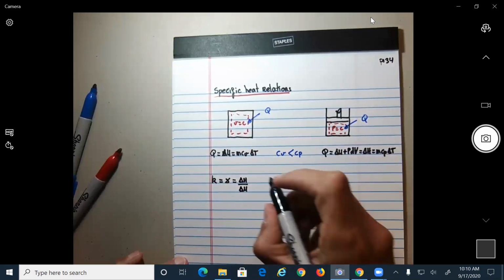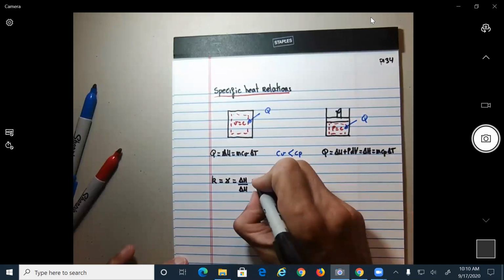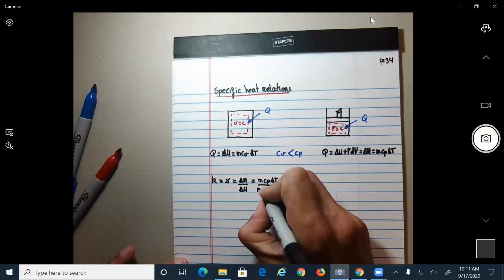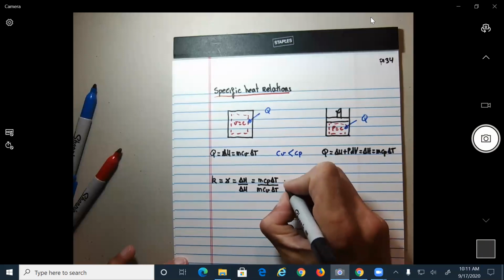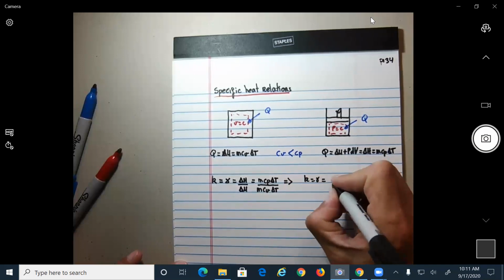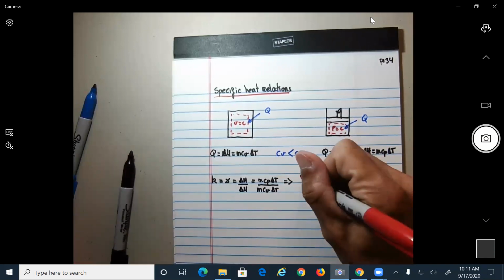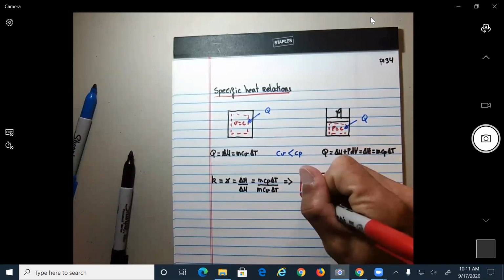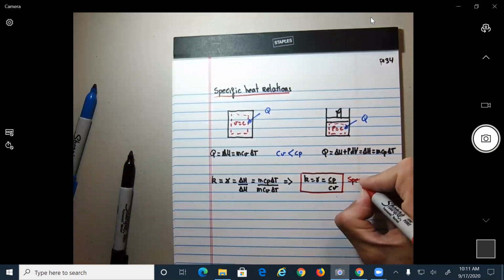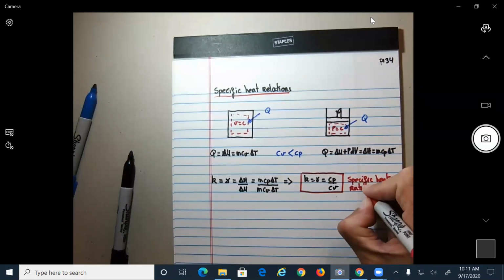So by definition, the change in enthalpy is equal to m C sub P delta T, and the change in internal energy is m C sub V delta T. So you can see right away that this gives you K or gamma equal to Cp over Cv. Okay, and this is called the specific heat ratio.